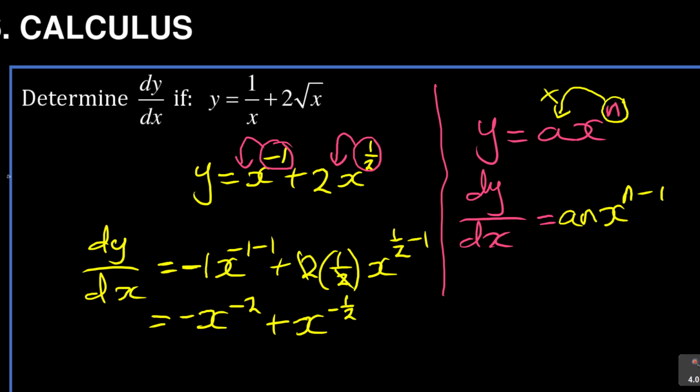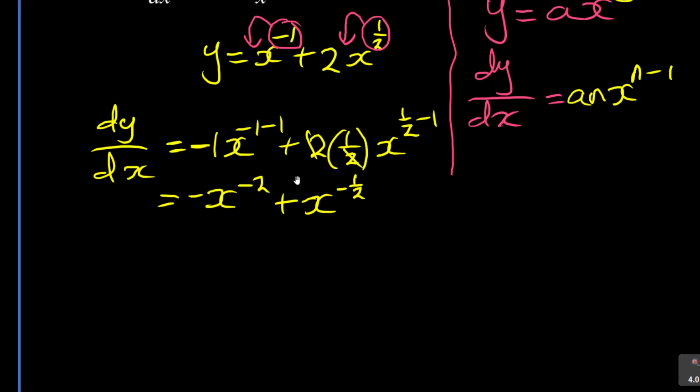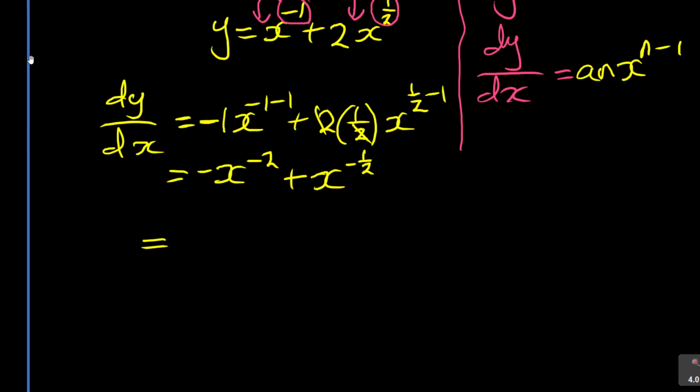Now, most of the questions you'll find, they will tell you leave your answers with positive exponents. But this is fine, they never said anything. But if they say leave your answer with positive exponents, meaning you need to simplify further. You see, I've got x to the minus 2, so back to exponents, it will be minus 1 over x squared.